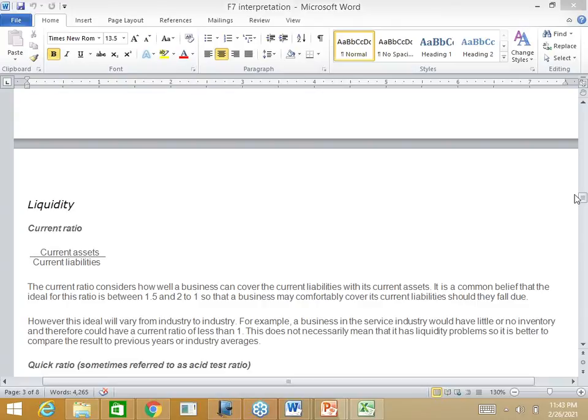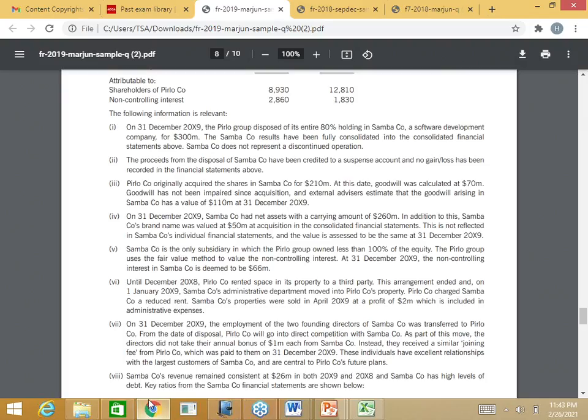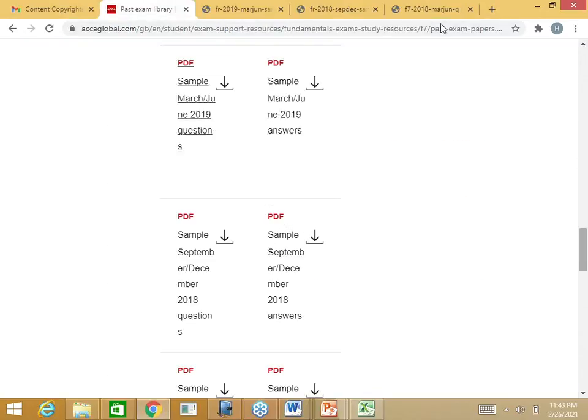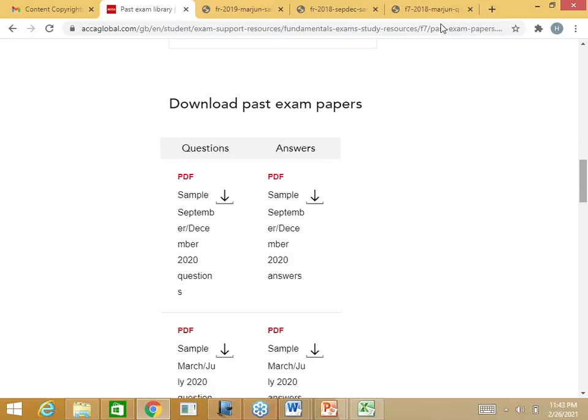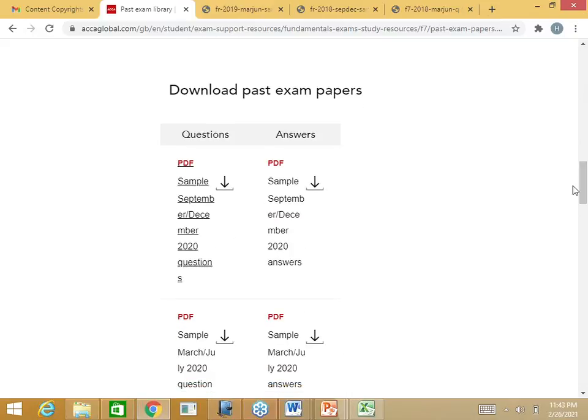One more thing that you need to worry about for ratios practice: I'm recommending you to do the practice from the past papers. For the ratios question, you should start from this year, that is December 2020.